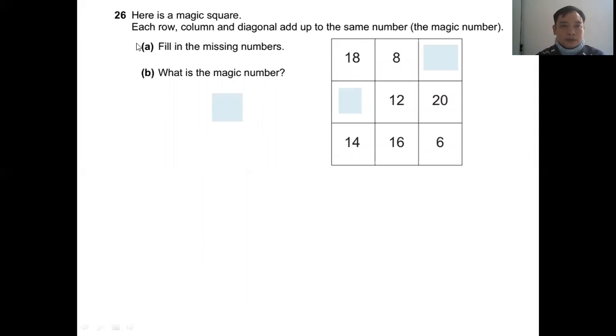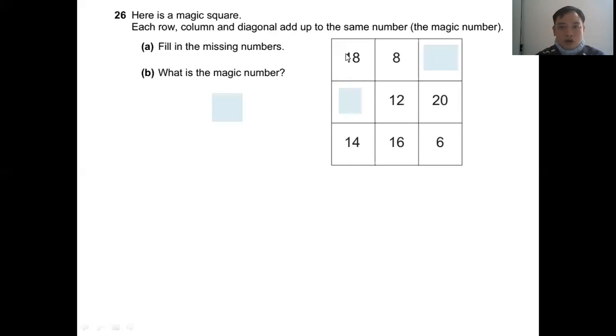Question 26. Here is the magic square. Each row, column, and diagonal adds up to the same number, the magic number. A. Fill in the missing number. B. What is the magic number? So here is the empty spot that we need to fill in. Here you have the row, here you have the column, and you know that the sum has to be the same.